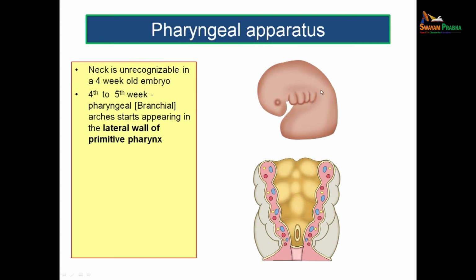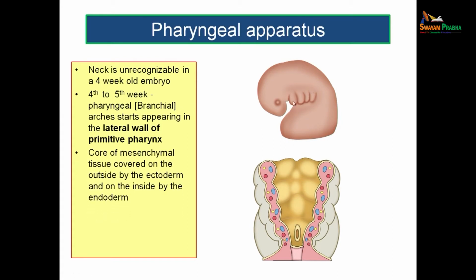You can see many arches. These are U-shaped arches lying on the ventral aspect of the primitive pharynx. They are not encircling the entire neck, they are just seen as U-shaped arches on the ventral aspect of the primitive pharyngeal wall. This is made up of a core of mesenchymal tissue.